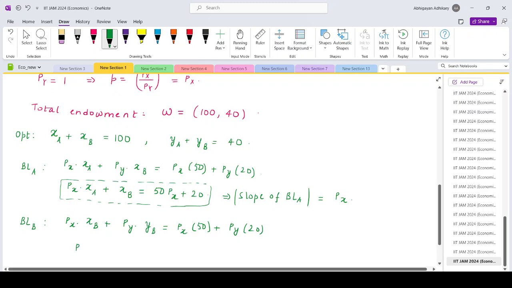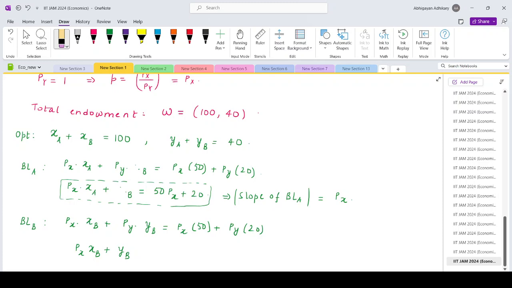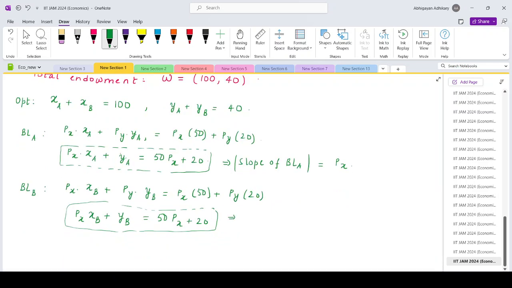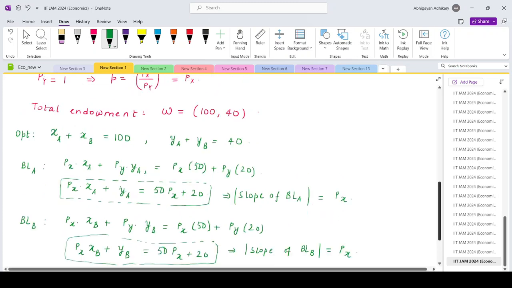So that will be Px into Xb plus Yb is equal to 50 Px plus 20. And similarly, the absolute slope of the budget line of individual B would be Px.